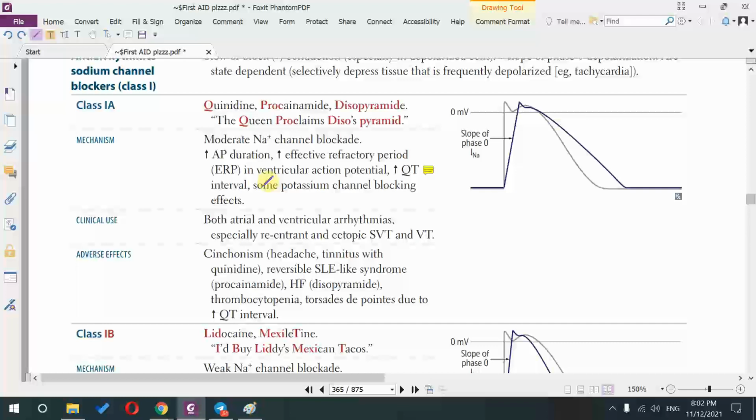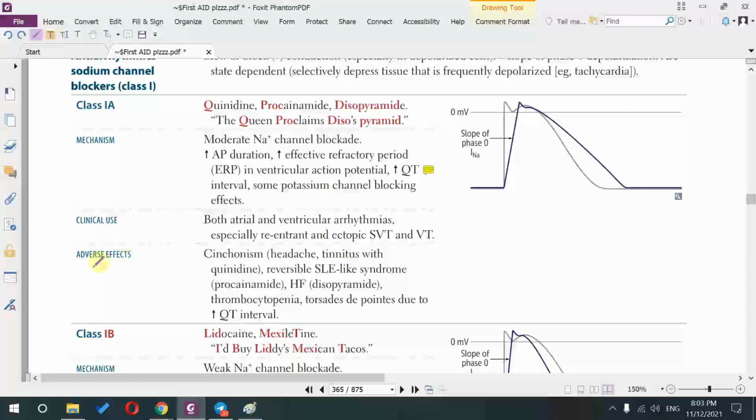You can see here some potassium channel blocking effect, both atrial and ventricular, especially re-entrant or ectopic supraventricular tachycardia and ventricular tachycardia. Because you are making the slope of phase 0 much more deviated like this, what will happen to the heart rate, guys? Yeah, okay, good.